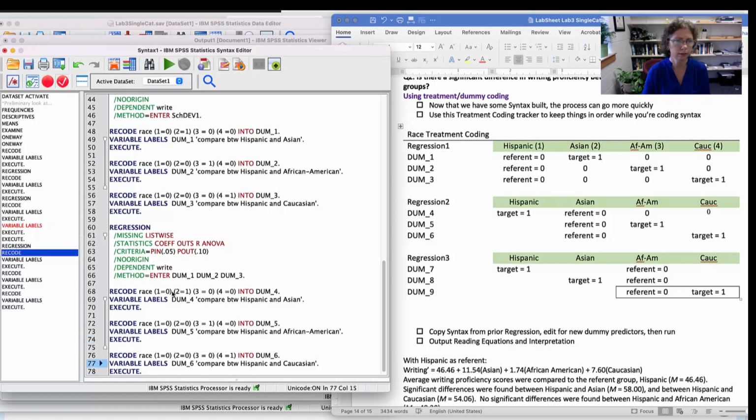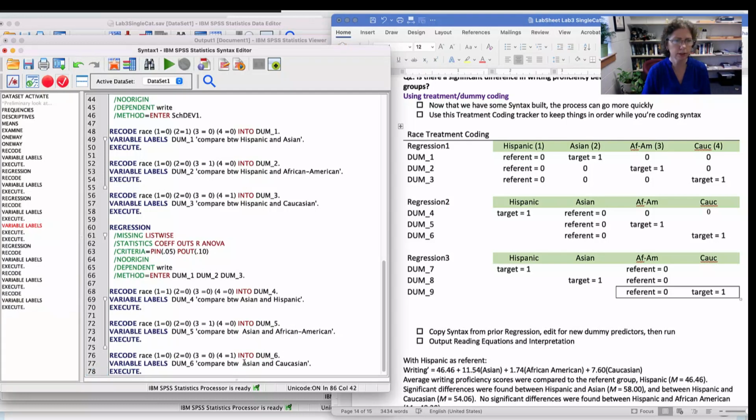Our target is going to be Hispanic, our referent is going to be Asian, and everyone else is zeros. And this is to compare between Asian and Hispanic. And we already had that, but we still have to do all of the regressions to get all of the comparisons.